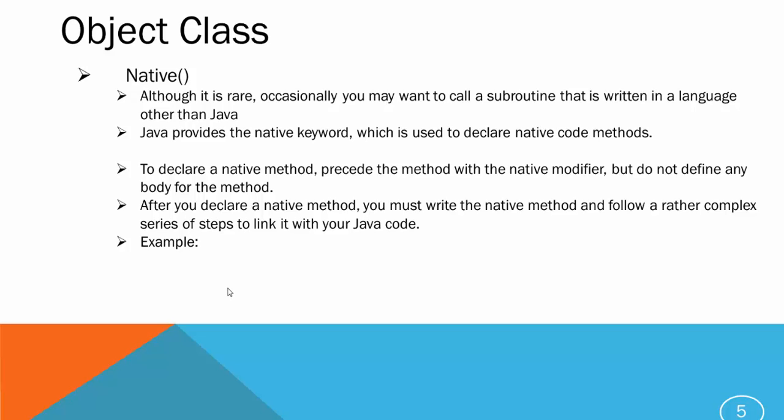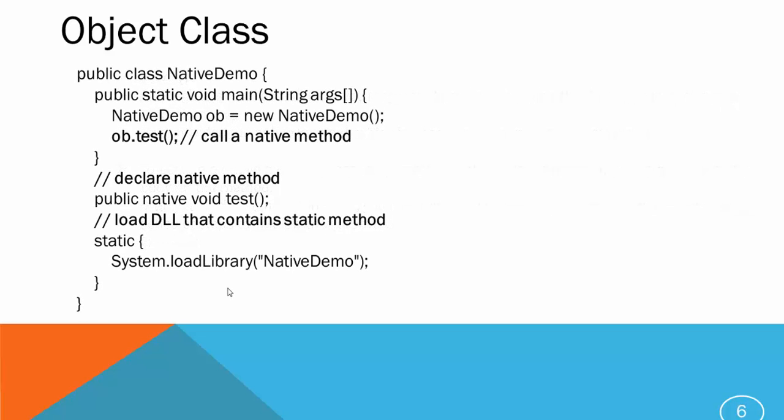Once you declare a native method, you must write the native method and follow some steps in your Java code to execute it. Let's take one example. Suppose you are writing a class called NativeDemo, and in the main method you are creating an object of this class and calling one method of this class, that is test. If you see here, you have declared test, you have not defined it here.